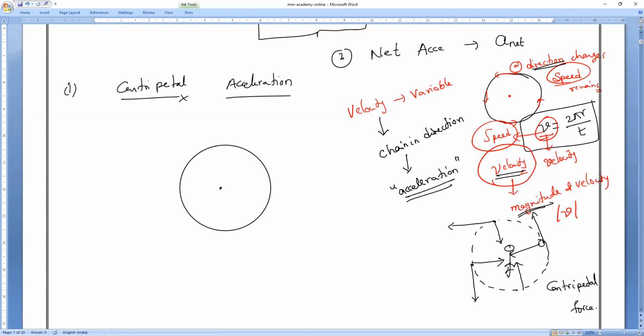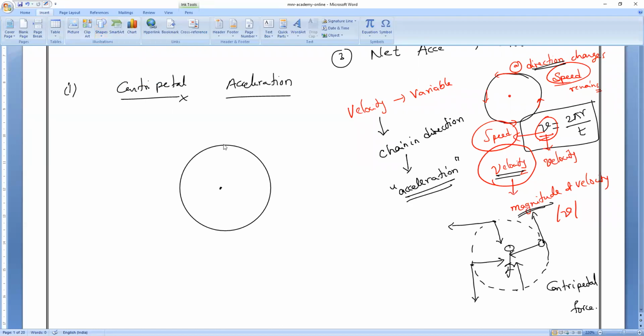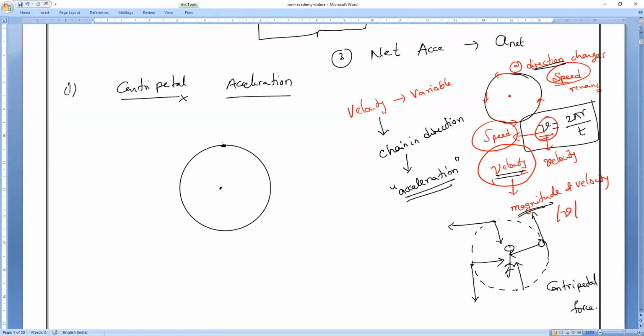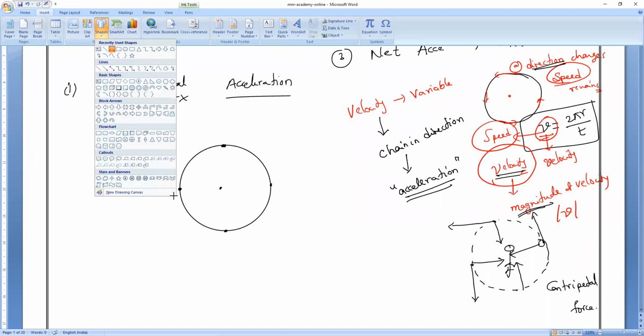To give a change in direction of velocity, the body in circular motion always has centripetal acceleration. Let me mark four points. At this point, the velocity of the body is acting perpendicular to the radius, like this.